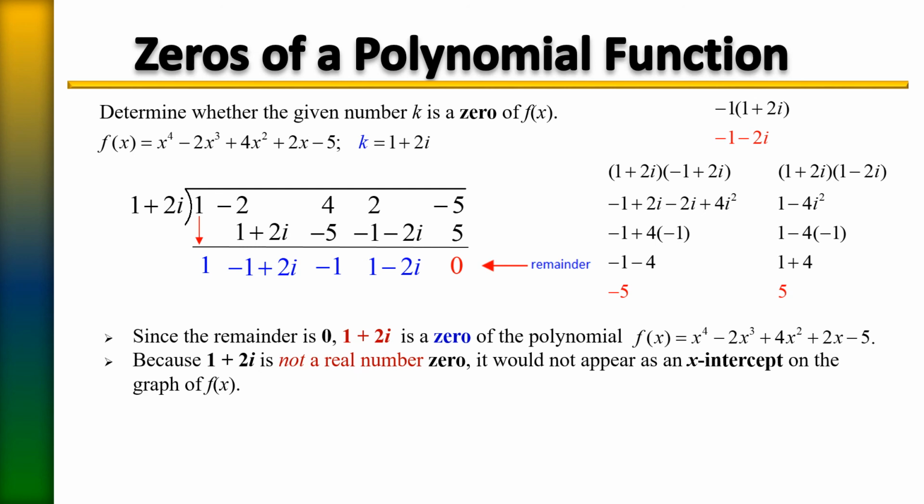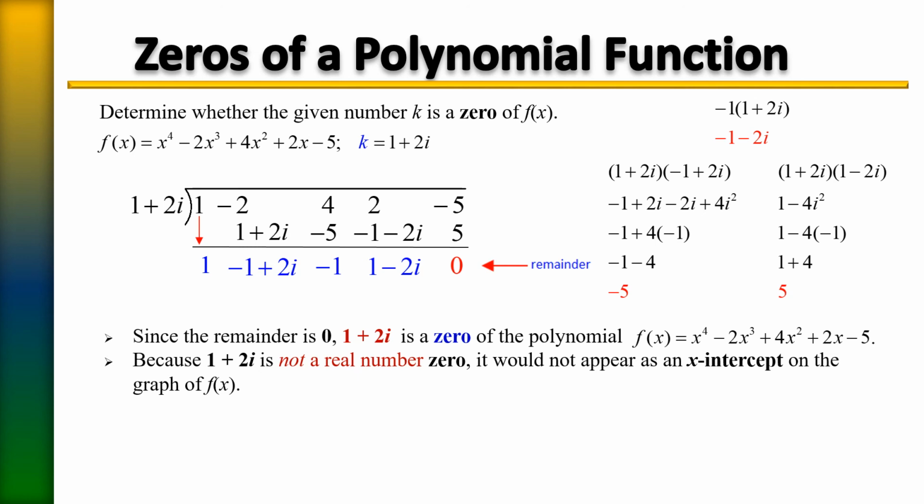Now, the fact that it is a 0, it is not a real number 0 solution. Okay, this is a complex number. So if you were to graph this, it would not touch the x-axis because 1 plus 2i or 1 minus 2i, those are not considered a real number solution.